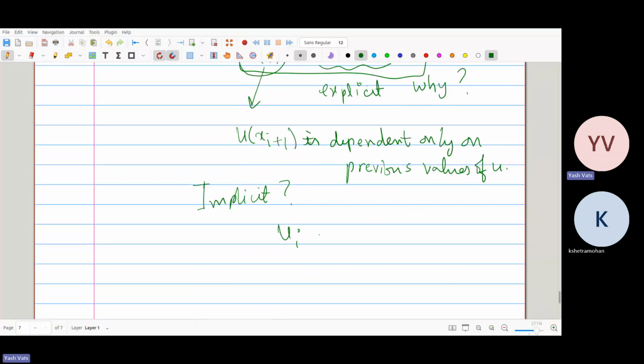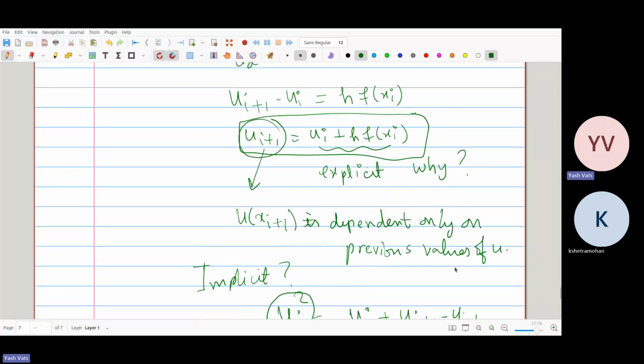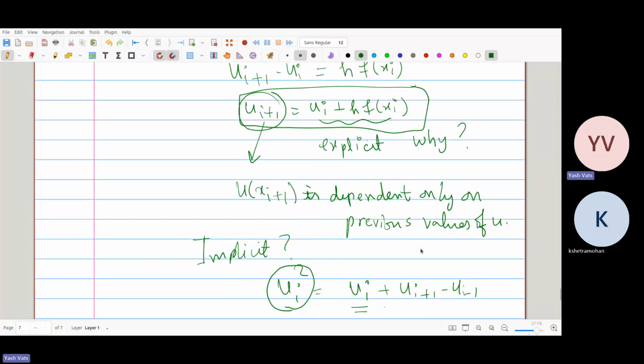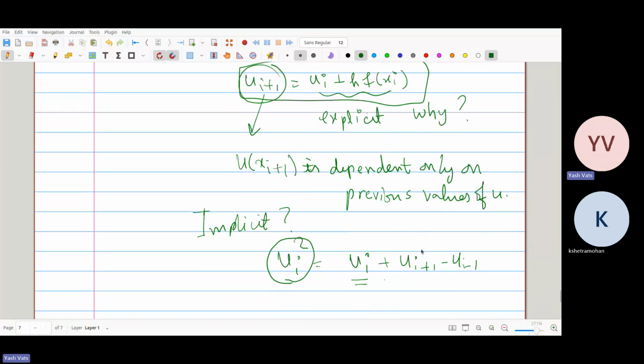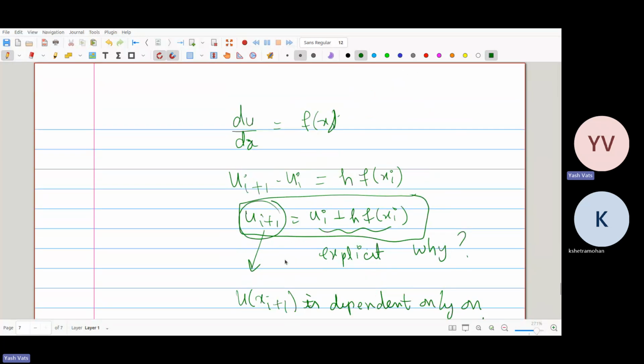Suppose there is a scheme like this, and you have something like u_i squared, u_i plus u_{i+1} minus u_{i-1}. This u_i is dependent on neighboring values, and you cannot solve it directly. So if the dependency is on the previous and future values, and not just the previous values, then of course it's implicit. You will find it somewhere.